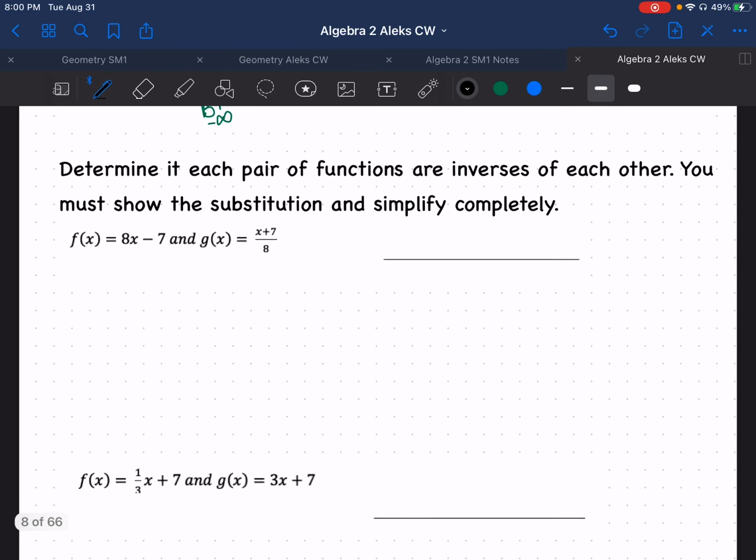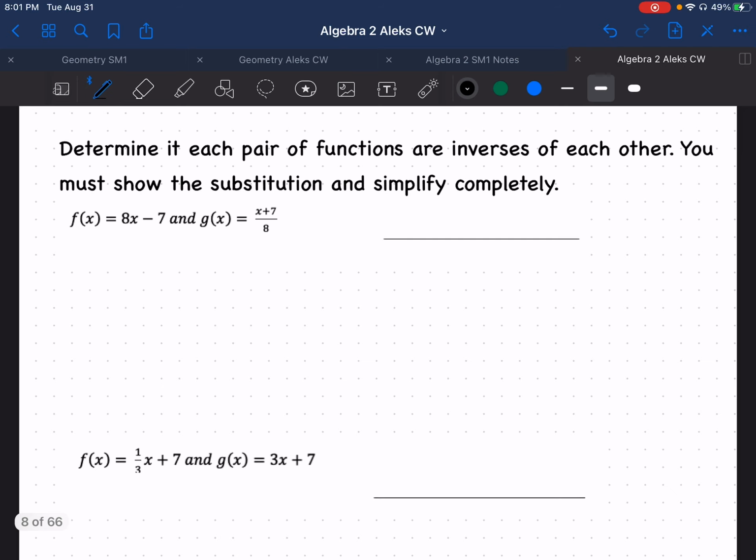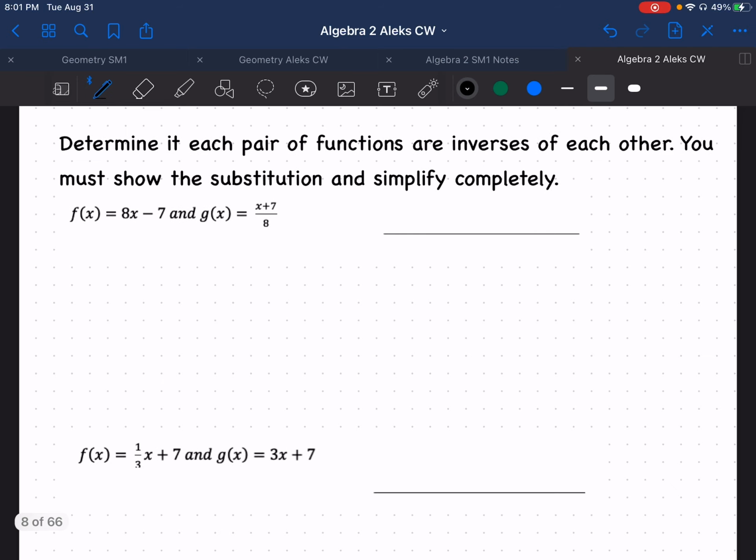All right, the last few questions on your test are going to ask about the inverse. First, we're going to determine if each pair of functions are inverses of each other. You must show the substitution and simplify completely so that you can get full credit. Now remember, we are doing substitution, so it's completely up to you how you would like to substitute.